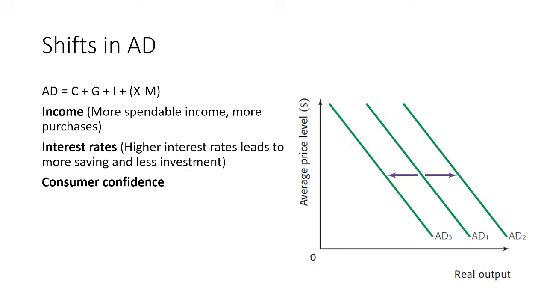Shifts in AD will occur if any of the components of AD changes. So, for example, consumer spending, government spending, or investment by firms, etc. For example, if there's a change in income, then consumers would have a larger spendable income, which may increase their consumption in the economy. So they buy more goods because they have more money. Interest rates might also affect this.